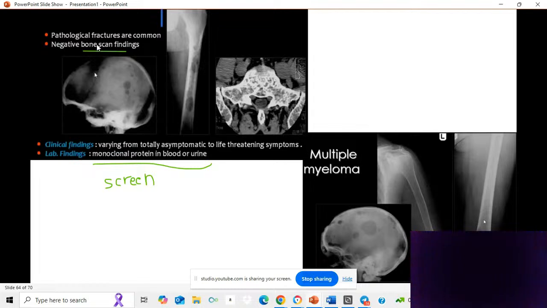So on the bone scan of multiple myeloma, you should expect that the lesions will show negative uptake. However, there will be associated pathological fractures.